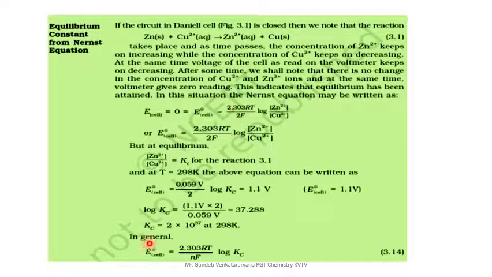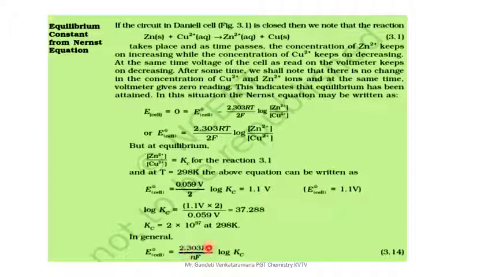So I would like to mention just this point. The relation between the equilibrium constant and E naught, the standard electrode potential, is given by E naught cell equal to 2.303 RT by nF log Kc. This relation is very, very important.